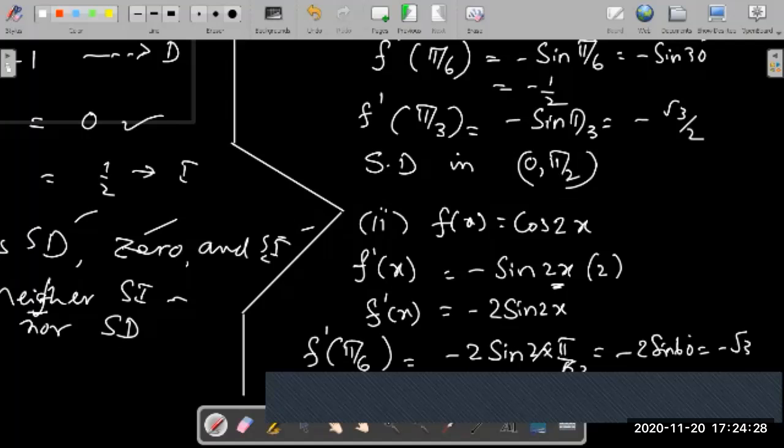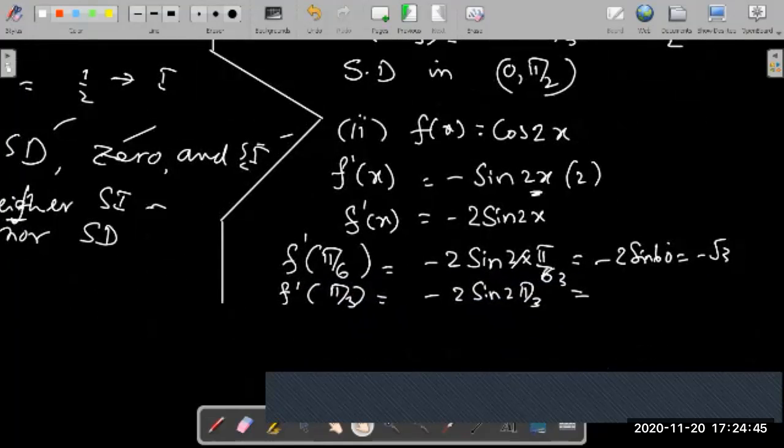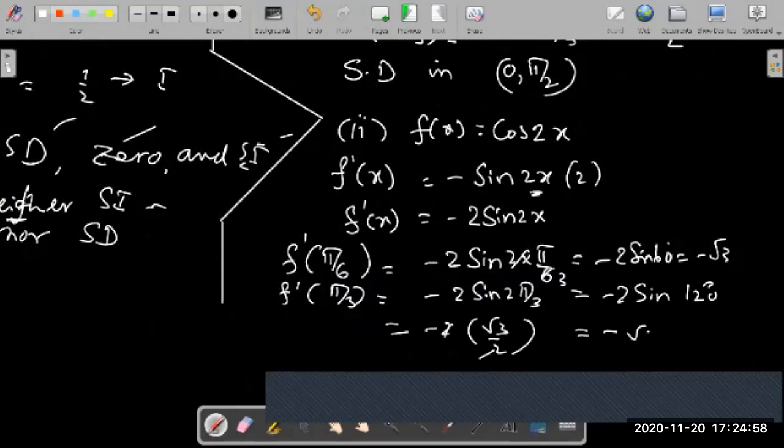It is negative. Then f dash pi by 3: minus 2 sine 2 pi by 3. 2 pi by 3 is 120 degrees. So minus 2 sine 120 degrees. 120 degrees is in the second quadrant, so that will be minus 2 into root 3 by 2, so again minus root 3.